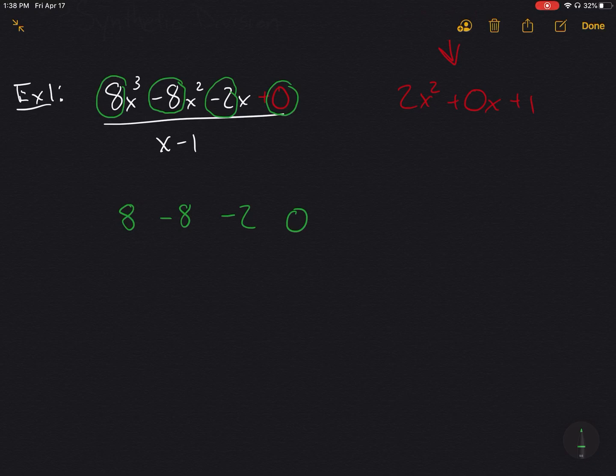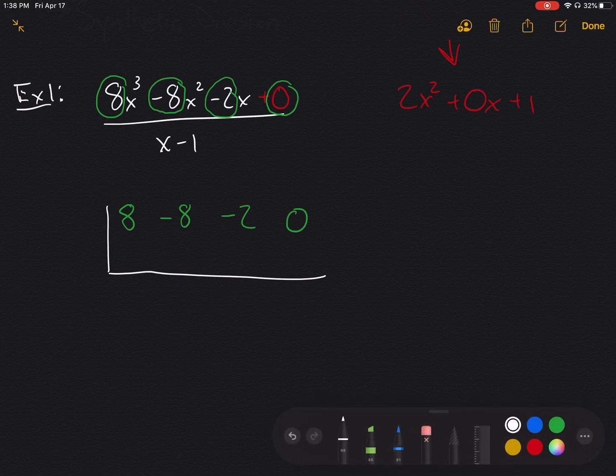Next, I want to put it in an upside down division bracket type thing, or a sideways L, something like that. And that's just going to act as an operator, dividing our answer from our work.